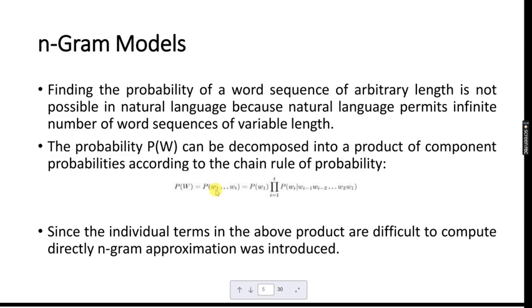We can write it as P of W equals P of W1 to WT, the probabilities from the first word to the target word.